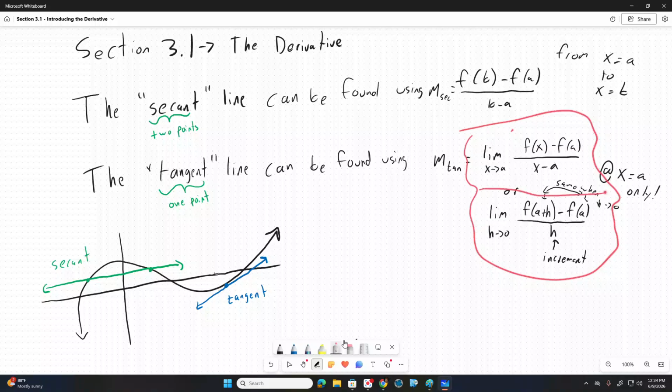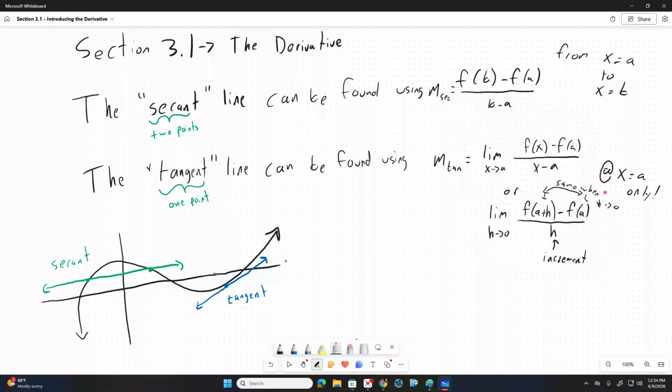Okay, looking over at the graph right here, we can see the line of the tangent line. And notice the tangent line has only 1 point, it kind of glances off the curve. And it really represents the slope of the function at a single point.